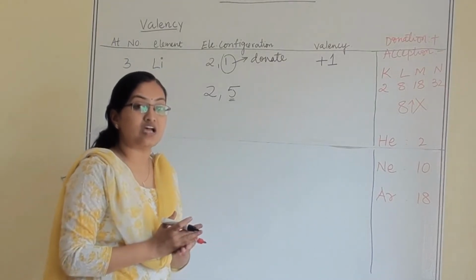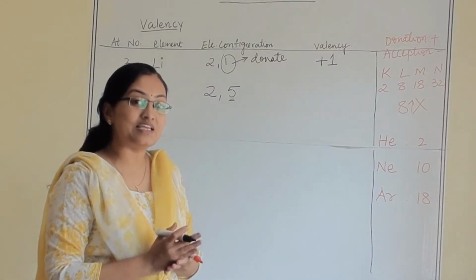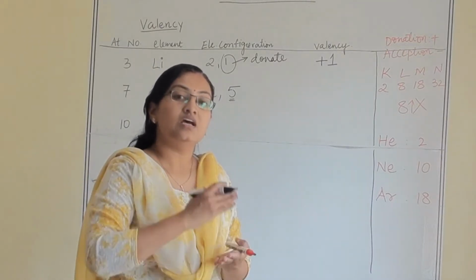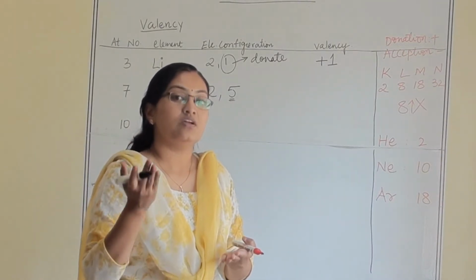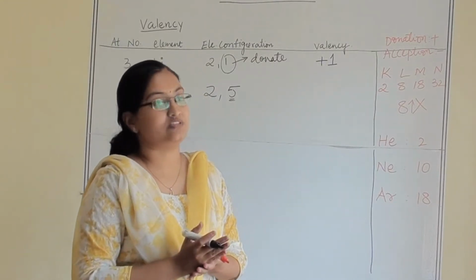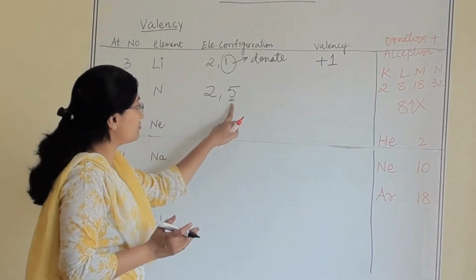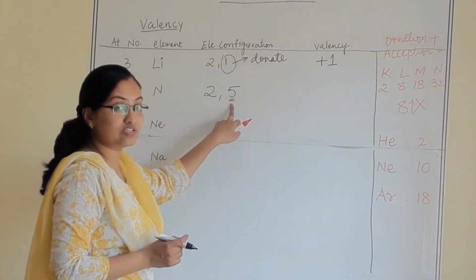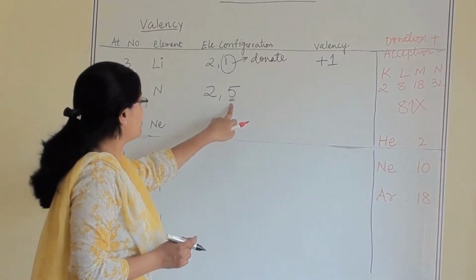Valence electrons are the electrons present in the valence orbit. What is the valence orbit? The last orbit which accommodates electrons is known as the valence orbit. So which one is the valence orbit for nitrogen? The last one. So how many valence electrons are there? 5 valence electrons are there.